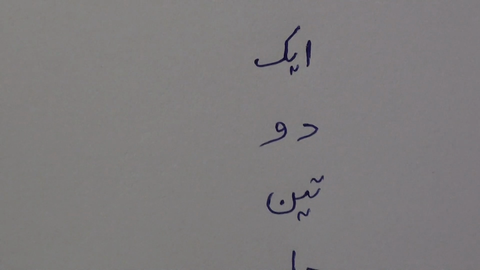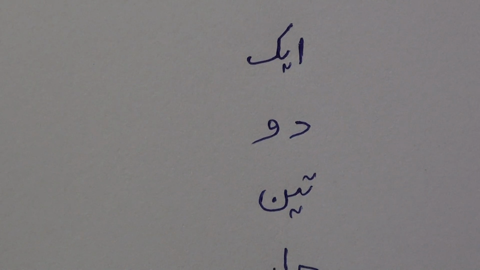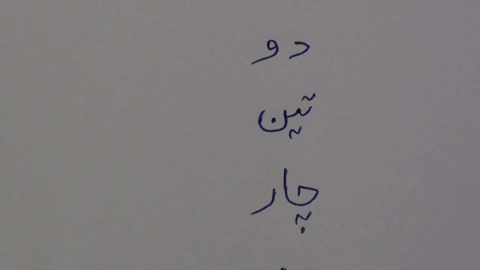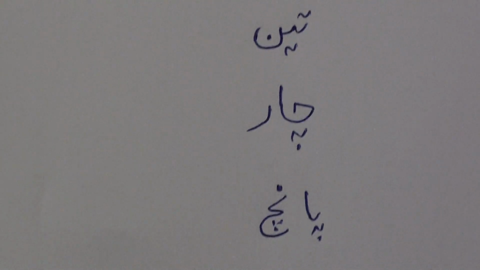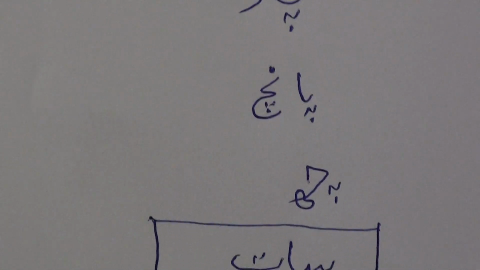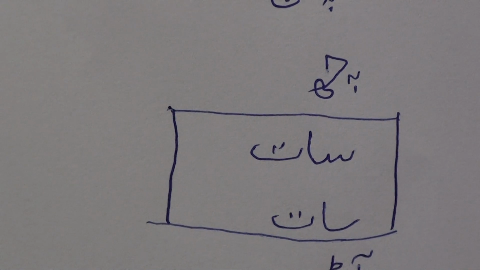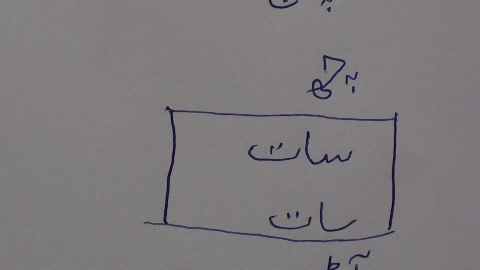1, 2, 3, 4, 5, 6, 7. As you know, we can write seven in two ways.